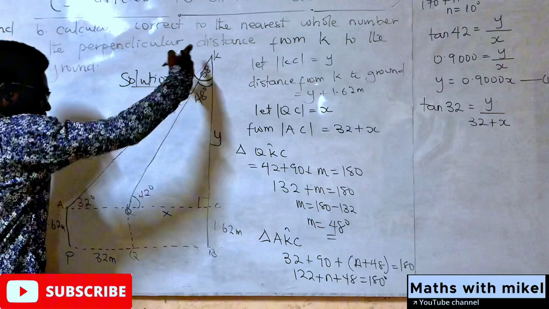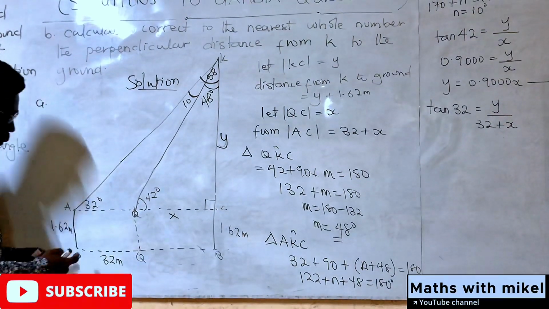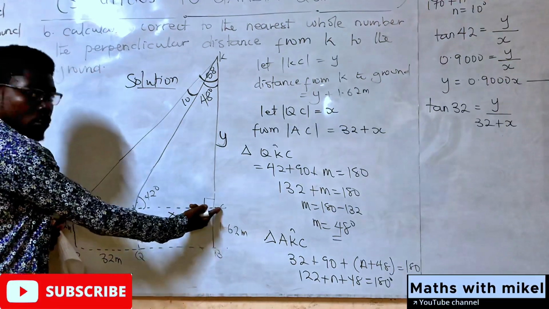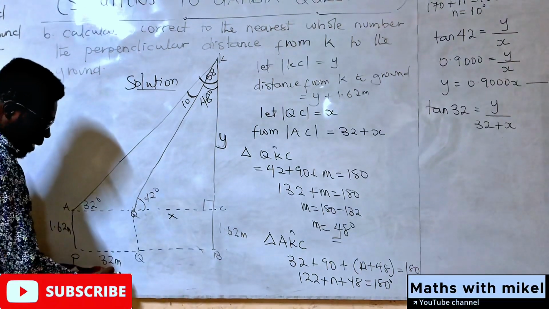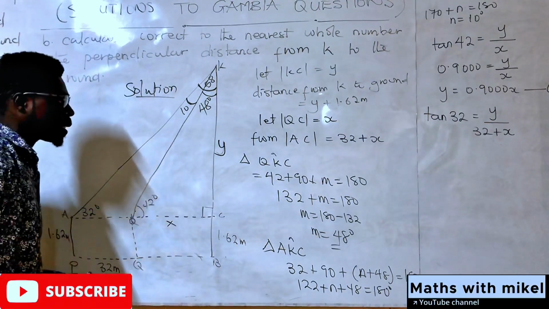So this is the bigger triangle, so its adjacent is from A to C. And it's giving us 32 plus this x.